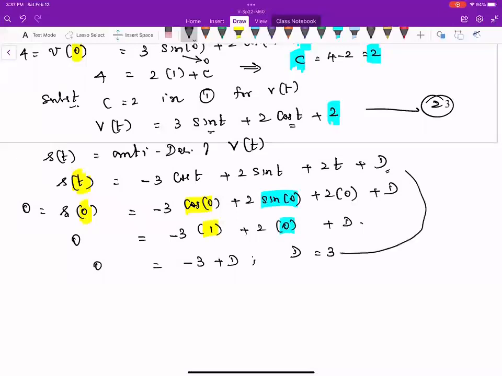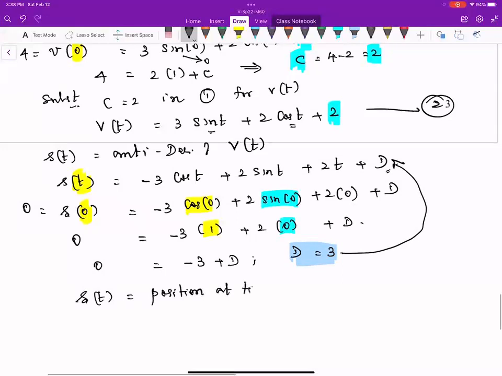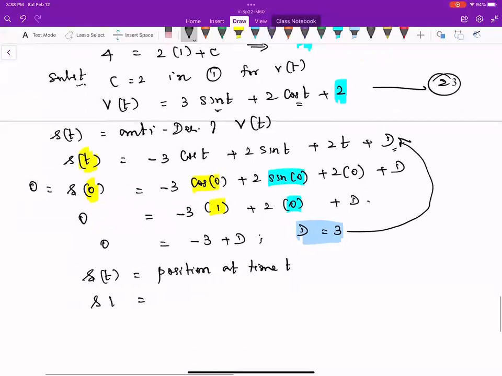All we need to do is to substitute that back into S of t, because we are asked to find out what S of t is, which is the position function, the position of the particle at time t. It is given by S of t equal to negative 3 cosine of t plus 2 sine of t plus 2t plus d, but d equal to 3.